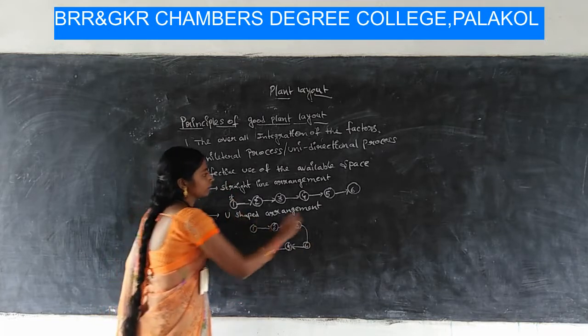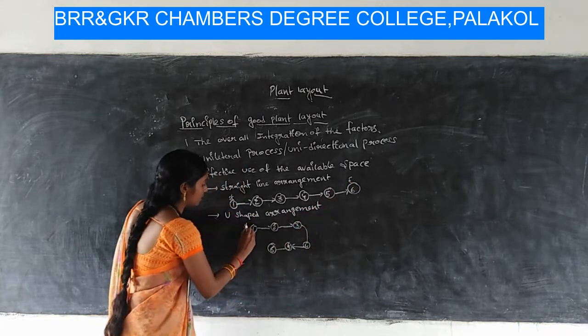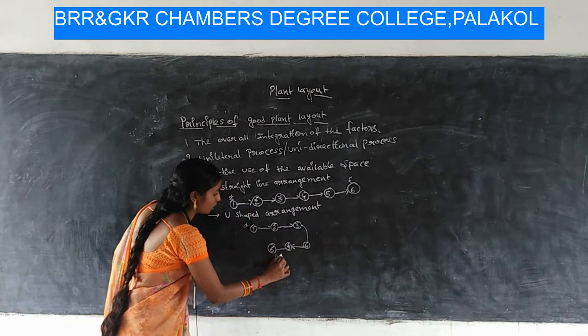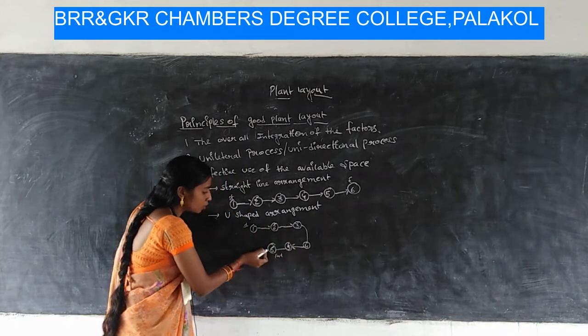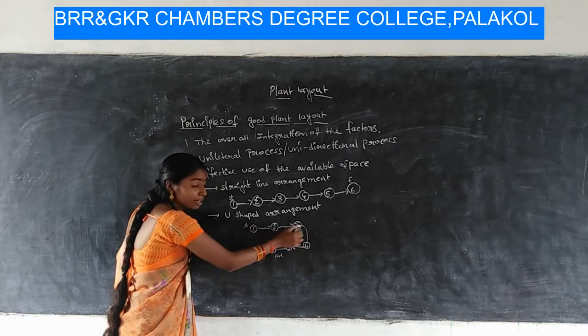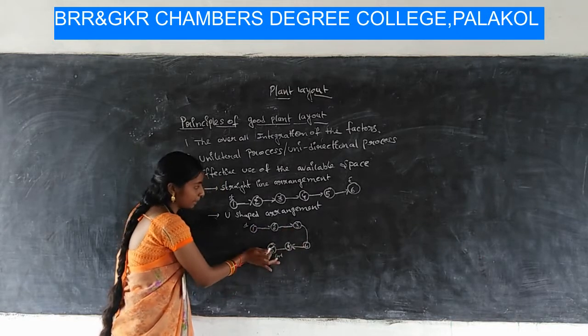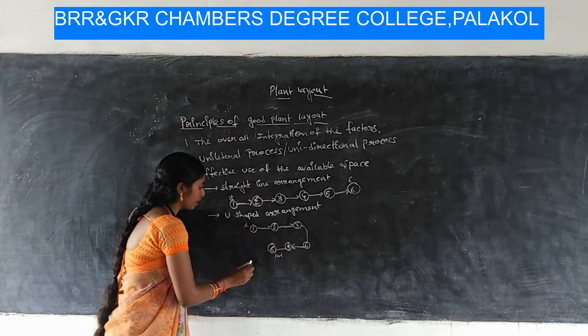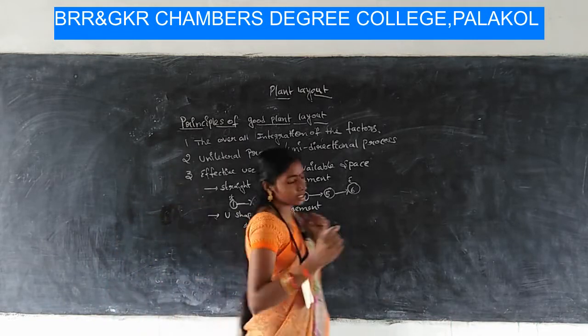Starting point, ending point. The structure is U-shaped. Here no backtracking is possible. Only forward movement of raw materials will happen in all these structures.